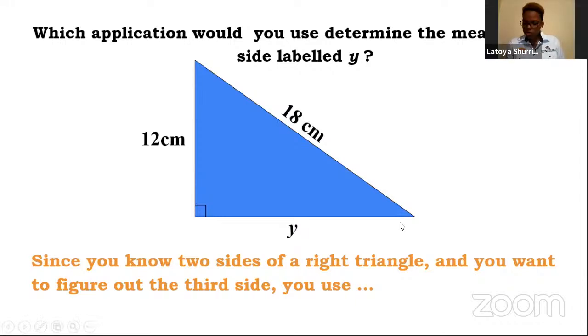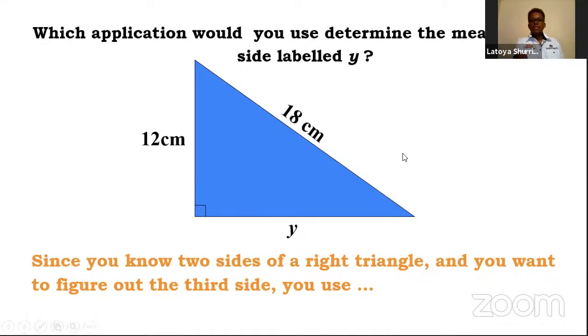Also on YouTube, Chanel Gardner did say Pythagoras theorem. So maybe you can type in the chat why you are saying Pythagoras theorem for number one.